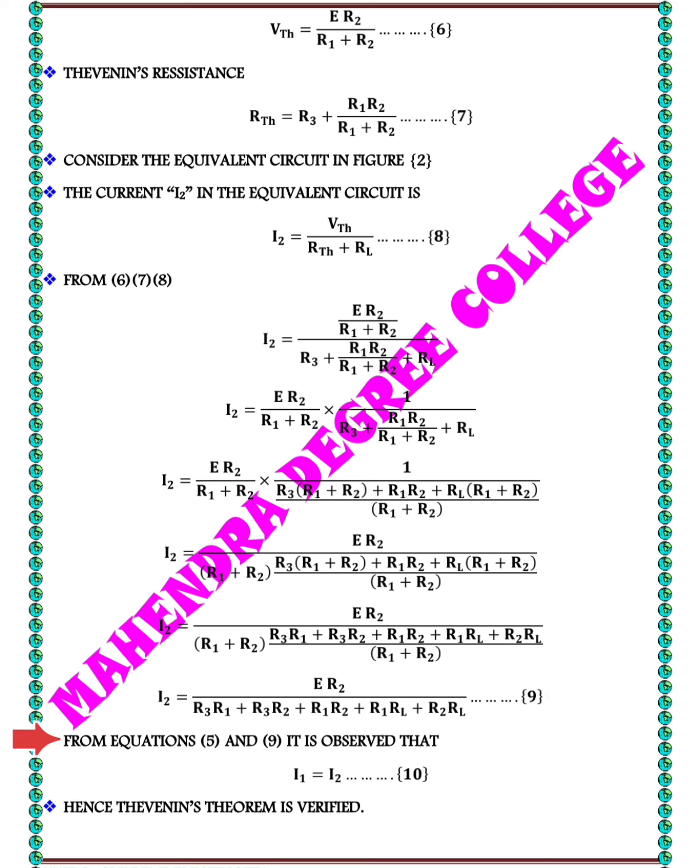From equations 5 and 9, it is observed that the two equations are equal. That is, I1 equals I2. This is equation number 10.